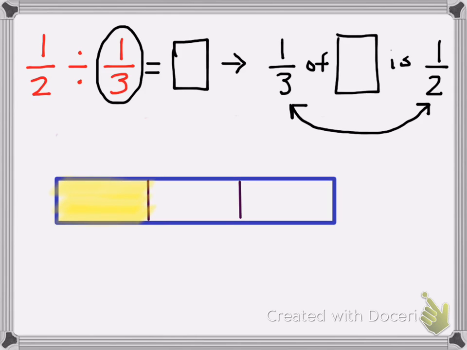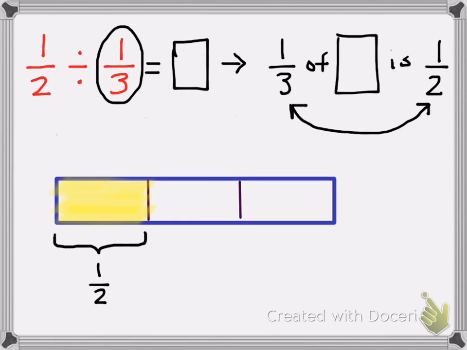Okay, so there's my fraction 1/3 modeled. And then remember I said 1/3 is 1/2? Well, that means that this 1/3 is 1/2. So however big that space is, in this case it's just one box, that's worth 1/2.